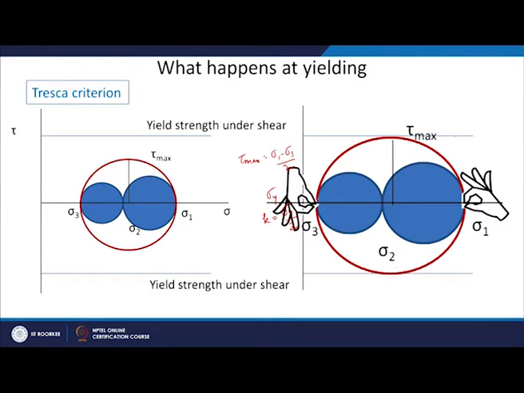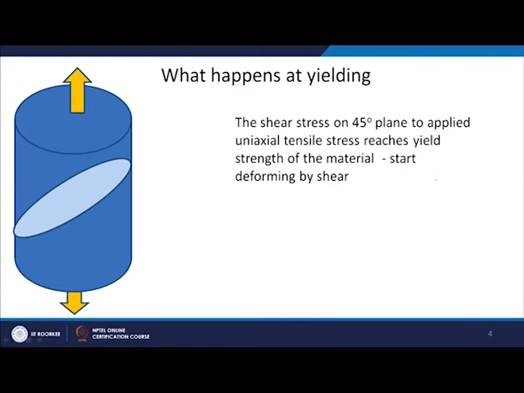If you see the angle which tau max makes with sigma 1, that is around 90 degree in the Mohr circle. In physical space it will be half of that, that is 45 degree to the principal stress. If we want to see it in terms of our experiment, suppose we have taken a cylindrical sample and I am applying stress sigma 1 in this direction, it is a uniaxial deformation, so sigma 2 and sigma 3 both are 0.